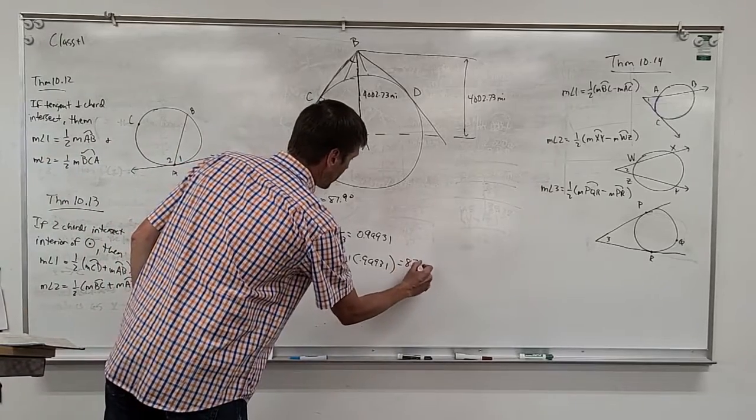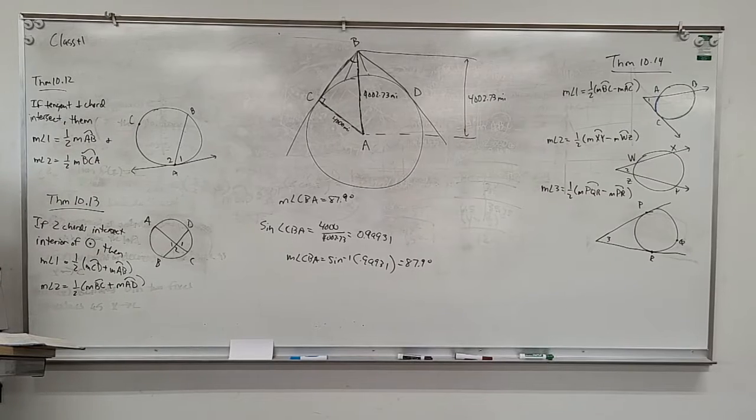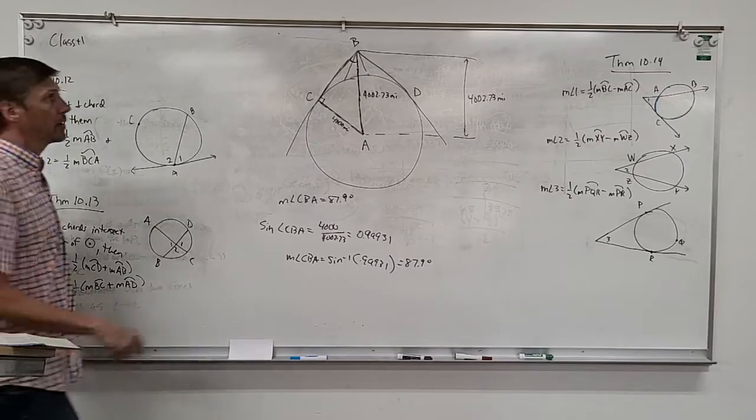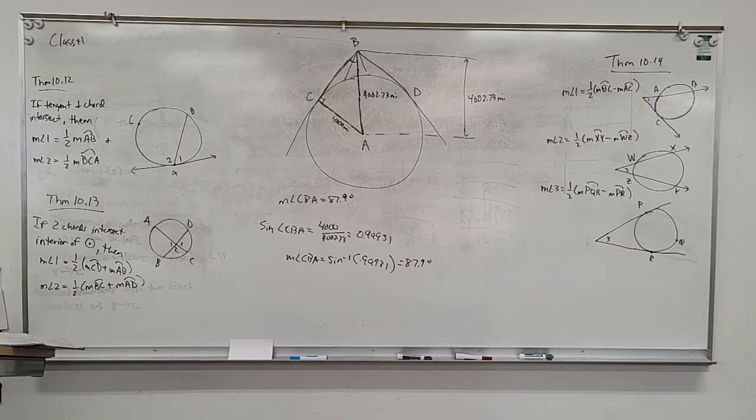Does everybody get that? Basically? Yep. All right, cool. So now that we have that, now we can figure out this entire angle here. Because what's that entire angle? Does everybody see that the entire angle would have to be double that?